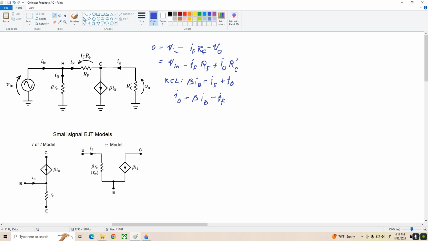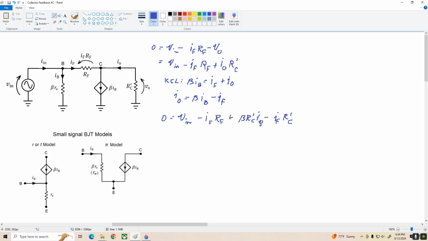Okay, and we're going to substitute this back into this equation we derived up here using KVL, and what we get is 0 equals V in minus I sub F times RF plus R prime C times beta, so beta R prime C times IB minus I sub F times R prime C. Okay, let's stop here for a second and catch our breath and take a look at this equation.